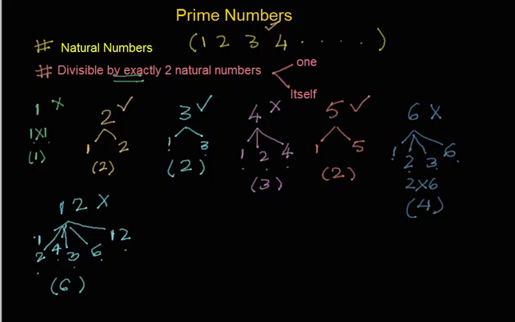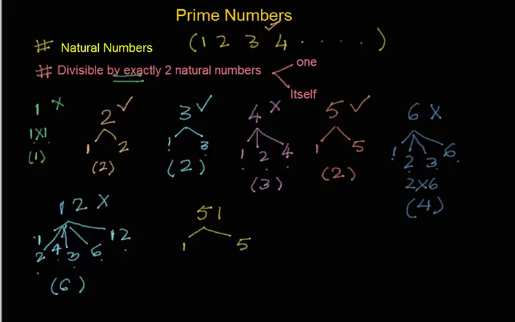Let's take another example, a slightly bigger number, and try to find out if it's a prime or not. We'll take up 51. So we know 51 is divisible by 1 and it's divisible by 51.